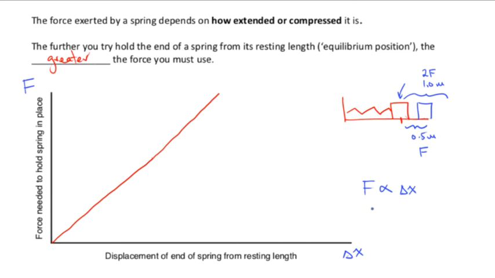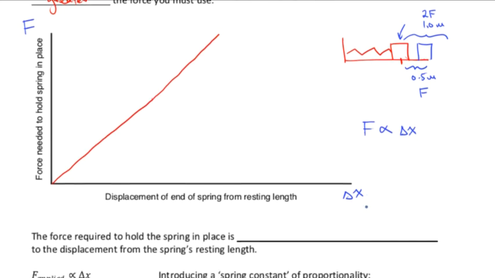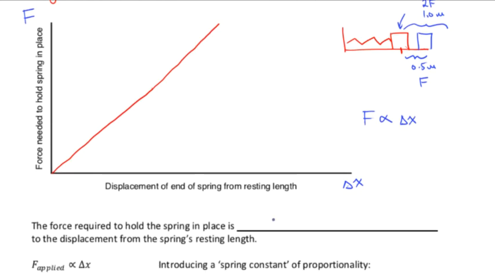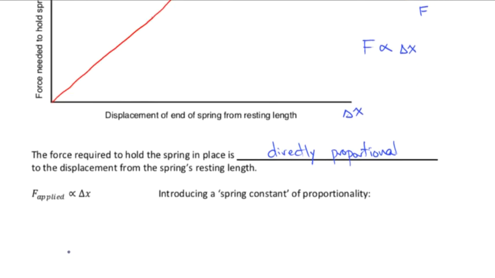It's directly proportional to delta x. So the force required to hold the spring in place is directly proportional to the displacement from the spring's resting length. Again, the force that I'm applying is proportional to delta x.